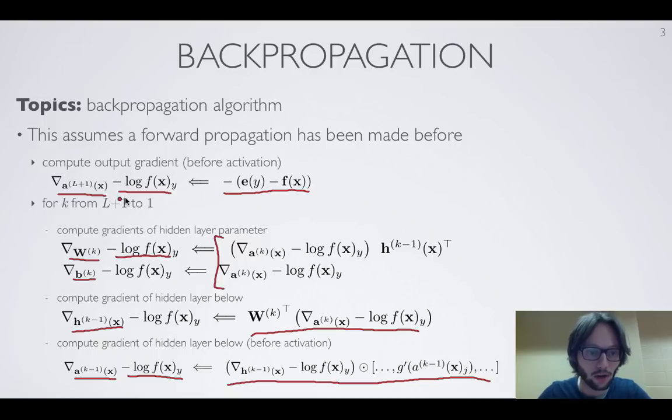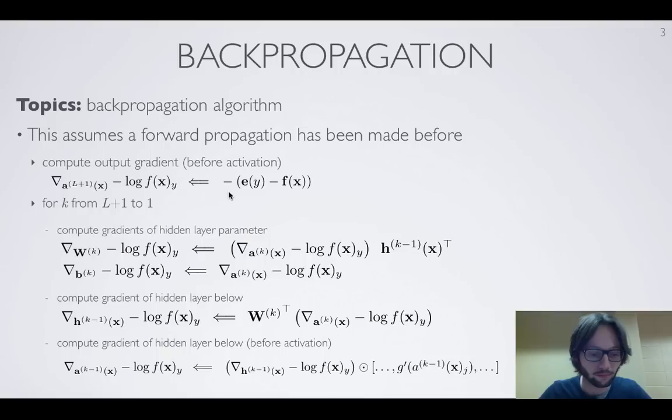And at the output layer also, we had a formula for getting the gradient of the pre-activations. So the procedure, which is the backpropagation algorithm, is to apply these formulas in order so that on the right side here, we always have pre-computed everything needed to compute that expression.